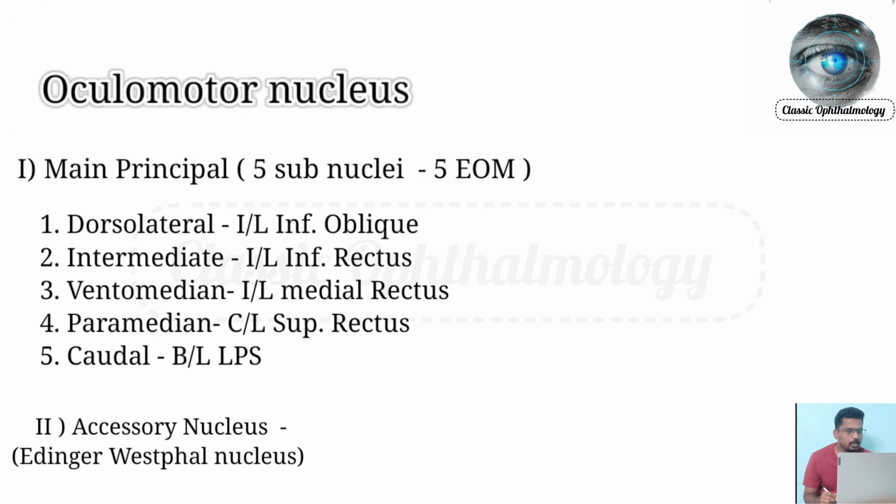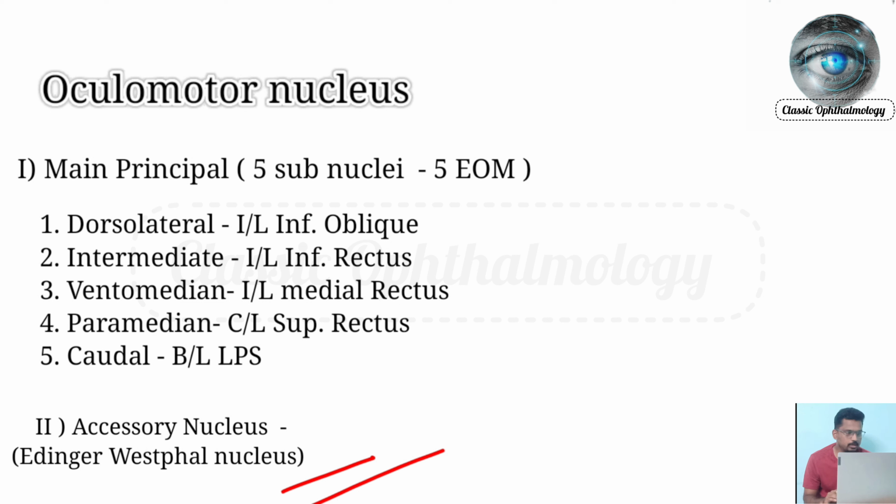Now the principal nucleus of the oculomotor nucleus has 5 subnuclei which supply the extraocular muscles: the dorsolateral, intermediate, ventromedian, paramedian and caudal.